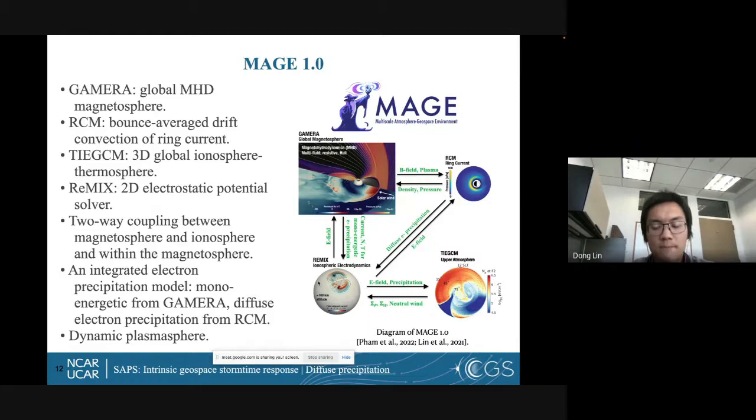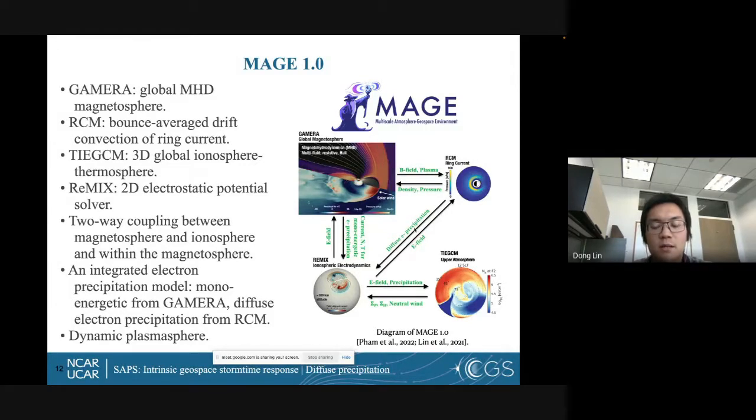One of the critical features in MAGE 1.0 is that we have adopted a more comprehensive precipitation model, which consists of the so-called monoenergetic electron precipitation from the MHD parameters from the Gamera model, but we also derive the diffuse electron precipitation from the RCM model.